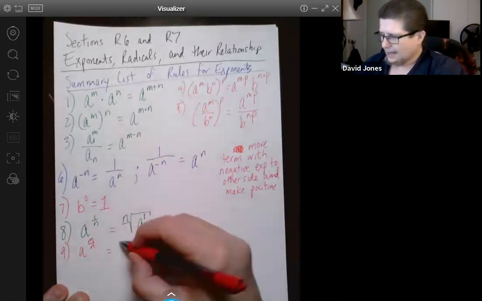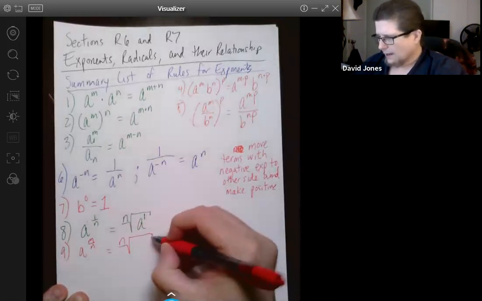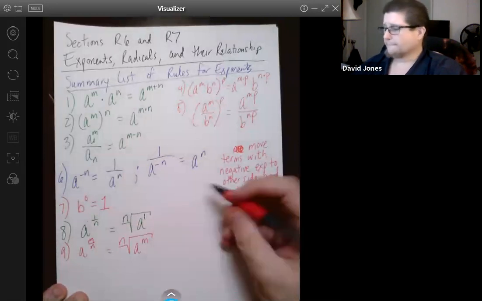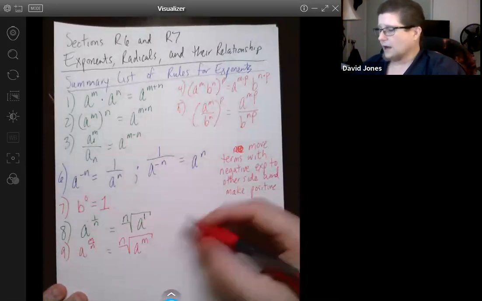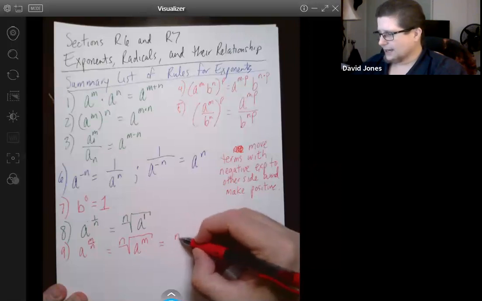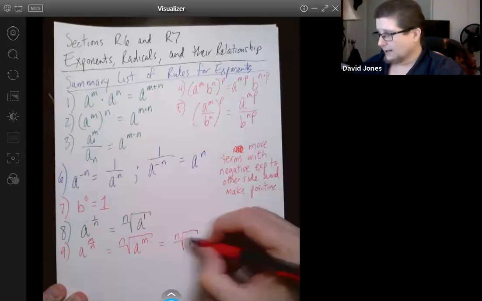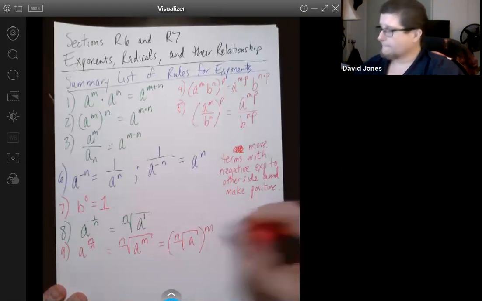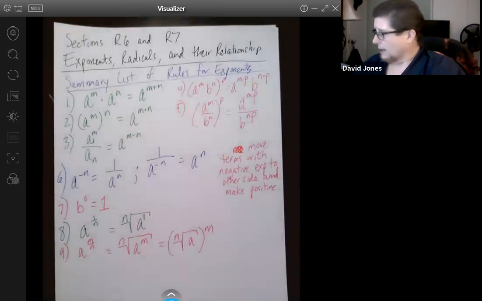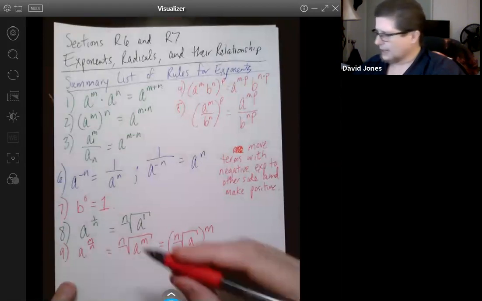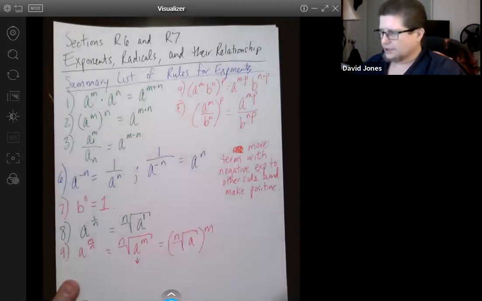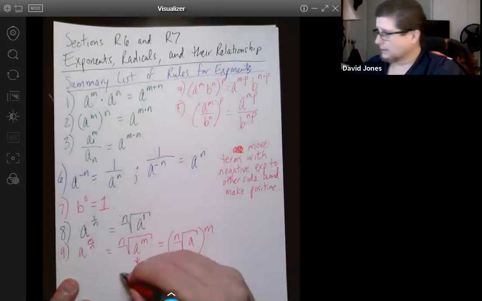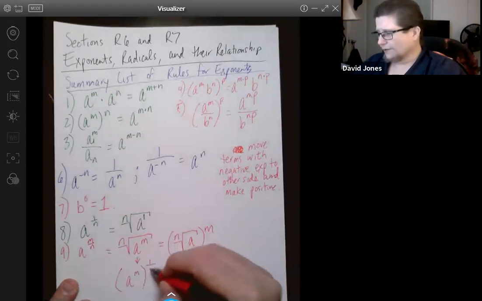This is the nth root of a to the m. We could also write this as the nth root of a, to the mth power. This is kind of like writing, in terms of fractional exponents, a to the m raised to the 1 over nth power.